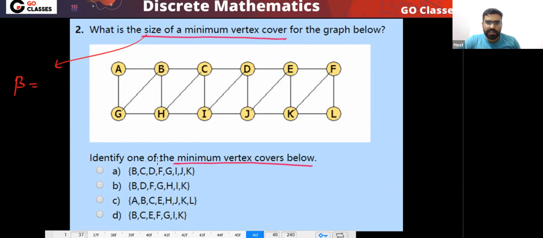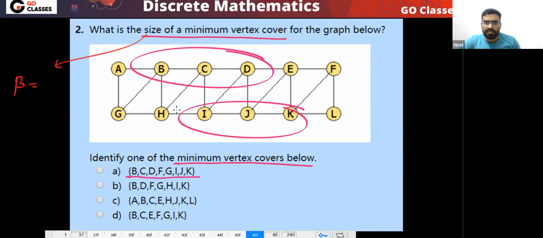Which of the following? Identify one of the minimum vertex covers. Is this minimum? Just tell me, is this minimum? B, C, D, F, G, I, J, K. Is this minimum?